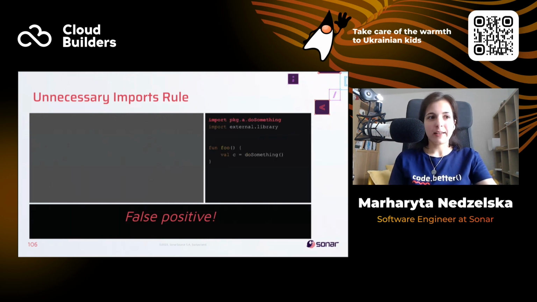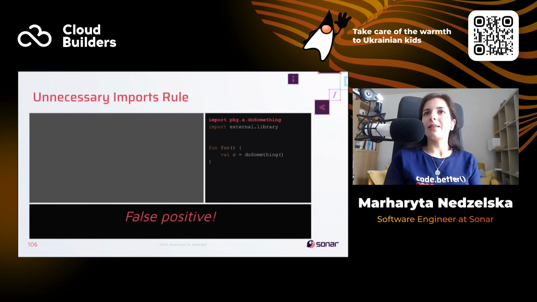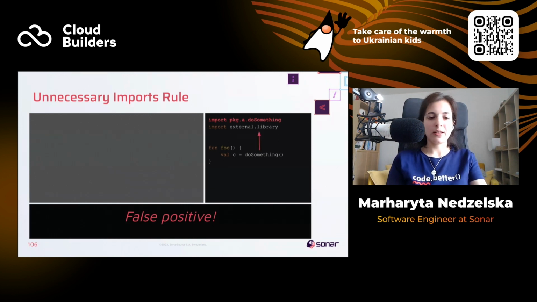So what actually happened was that the function package.a.doSomething was not present in the class path, while the other function from the external library was present. So our doSomething was actually resolved to the wrong one. That's why we cannot say that we had an error, because the function was still resolved, but we still had an unused import of package A doSomething.